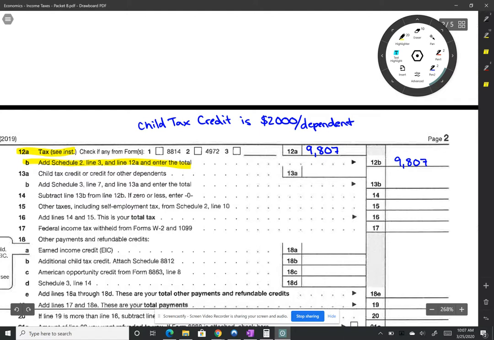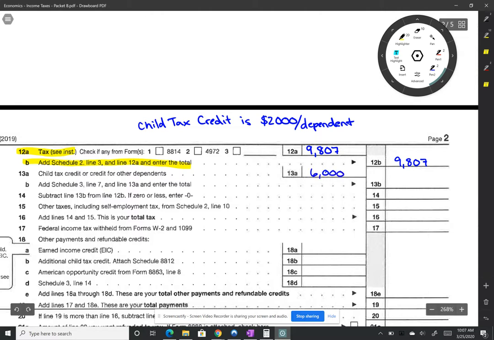Okay, so we have 3 children. Okay, $2,000 each, and so 3 times 2 is $6,000. So they have $6,000 in child tax credits.